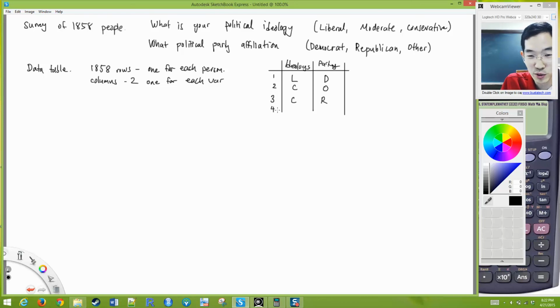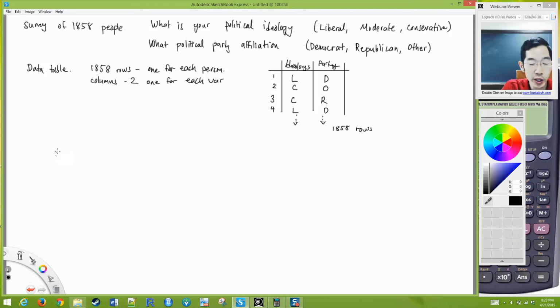And the fourth person says, I'm liberal and I'm a Democrat. Or whatever, okay? We can imagine this going on for 1858 rows. All right. So whenever you see data in a summary table, try to imagine what the underlying data looks like. That will, I think, help.